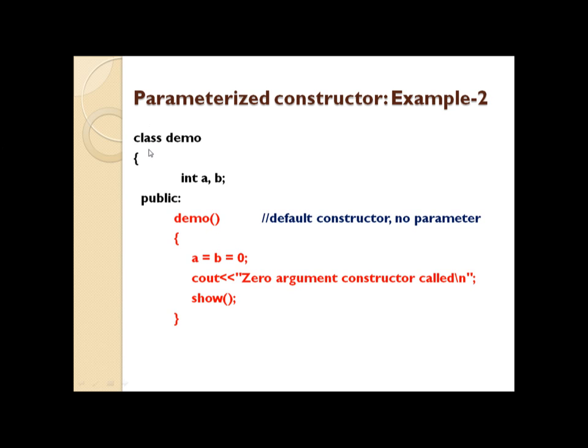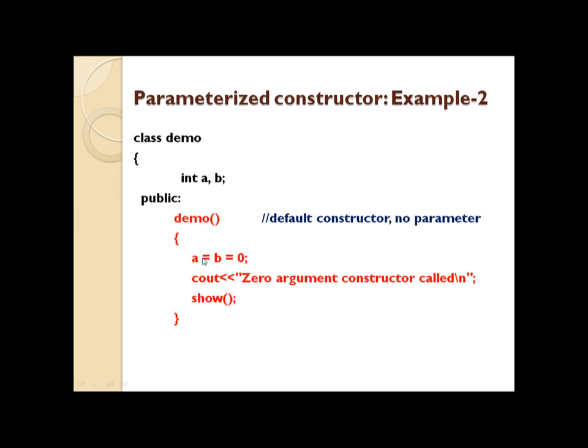In this class, we have a class demo. In the private section, we have two data members, a and b, of integer type. Here this demo is the default constructor because there is no parameter. Since we are not passing any parameter here, this is a constructor without parameter.